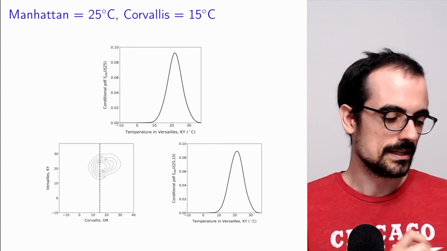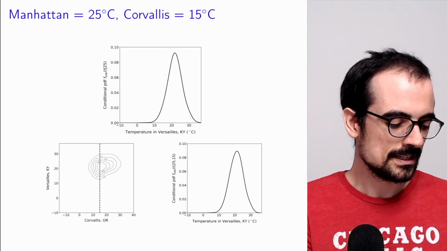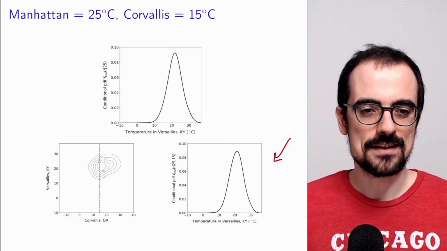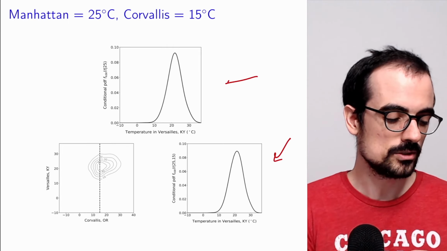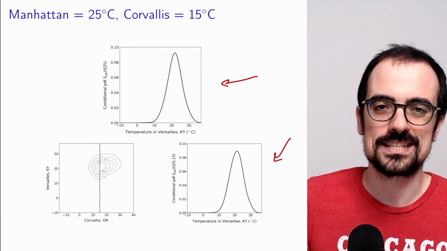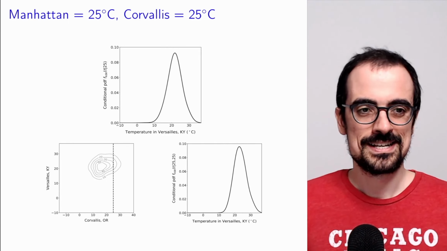Now, again, when we slice the conditional, we see that the conditional PDF given both Manhattan and Corvallis is actually very similar to the conditional PDF just given Manhattan. Very, very similar.